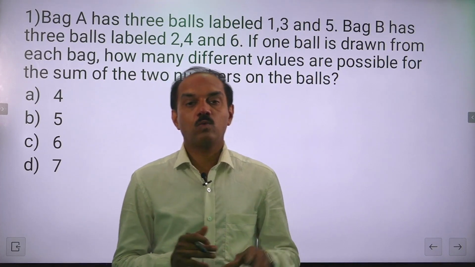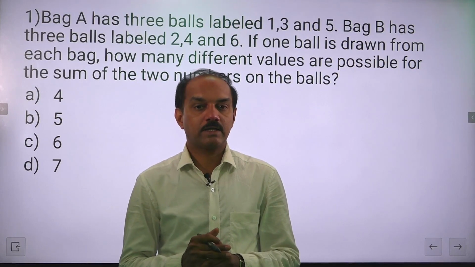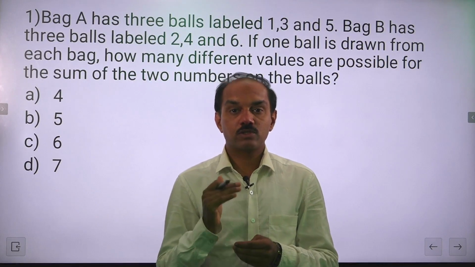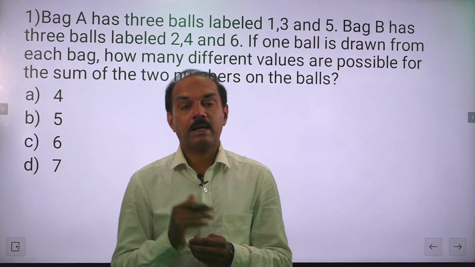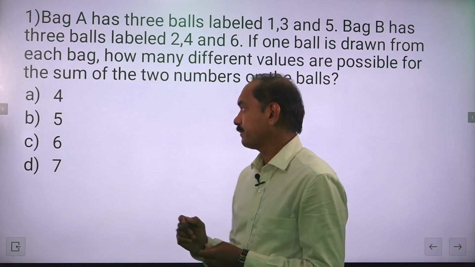Now we are drawing one ball from each of them, and he is asking us to find the sum, and the sums should be different, maximum how many different sums that we can obtain, that's the meaning of this.